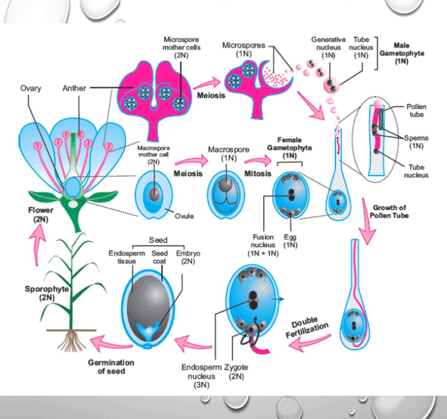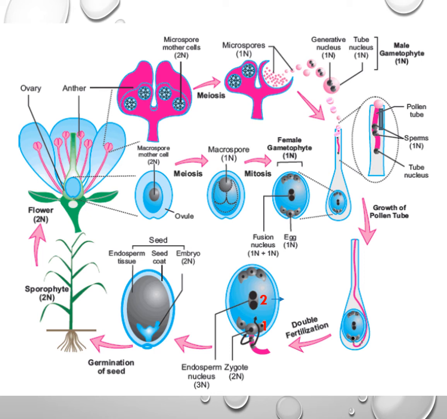the ovary portion. The lowest portion here, as you can see, is the egg. The egg will be fertilized here, and the endosperm nucleus, which is present in the middle, will be fertilized, where you can see two nucleus.